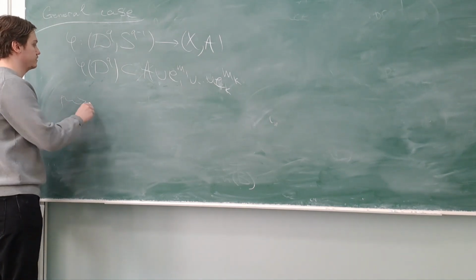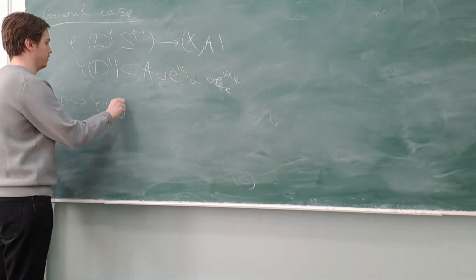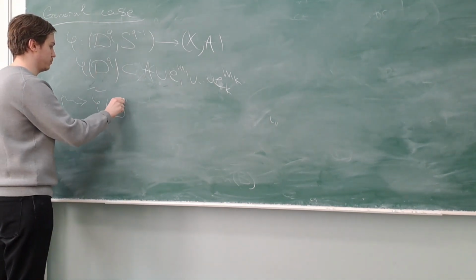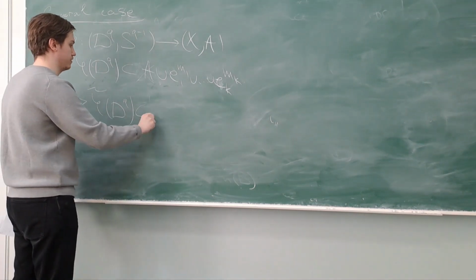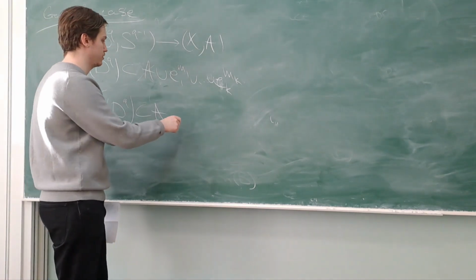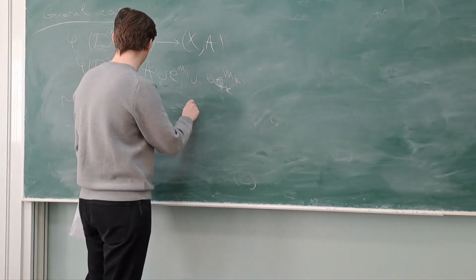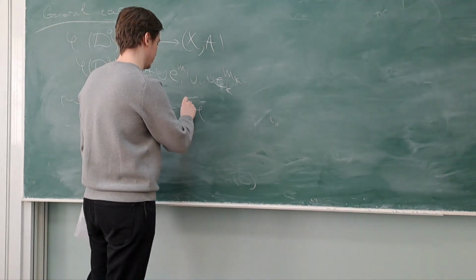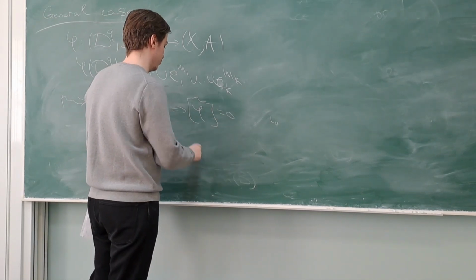And in the end, you'll get a homotopic map such that the image lies in your subspace. Again, by the same lemma, it will represent 0 in the relative homotopy group. Okay?